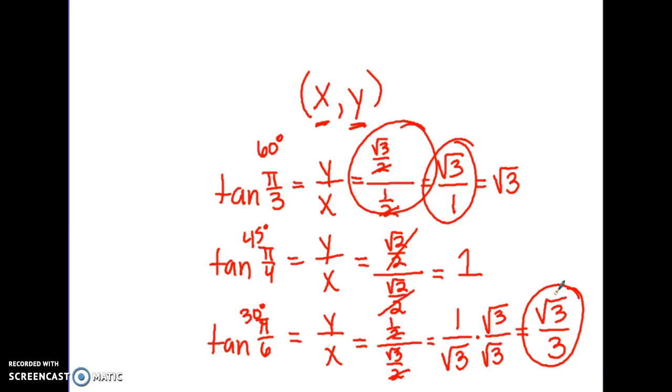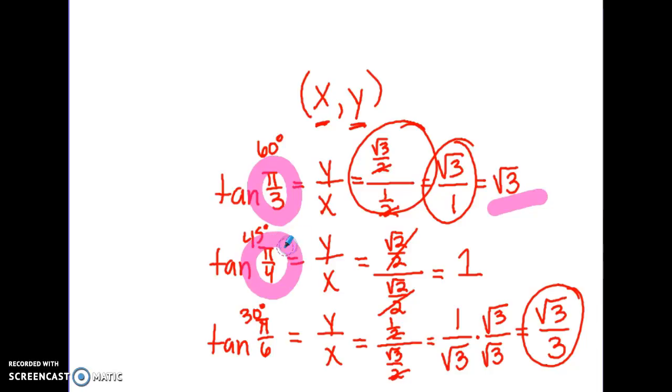Now, the thing about it is that any of your angles that have a 3 in the denominator of your radian measure will all have this square root 3 as a tangent value. It will just be a matter of whether it is a positive value or a negative value.